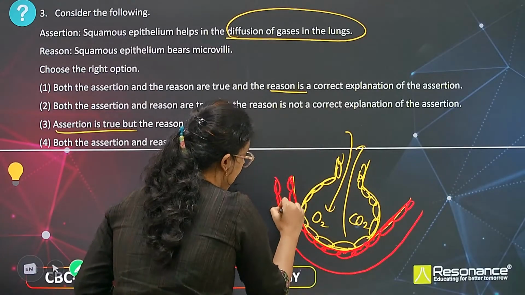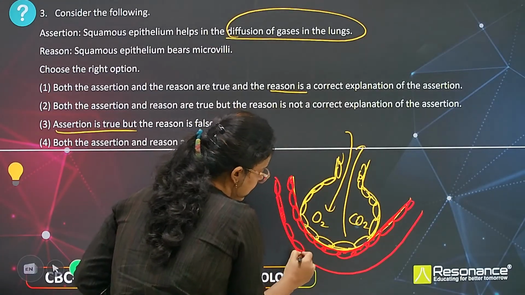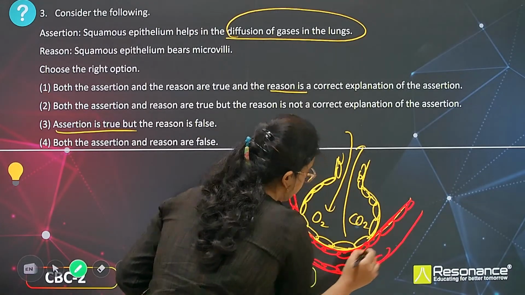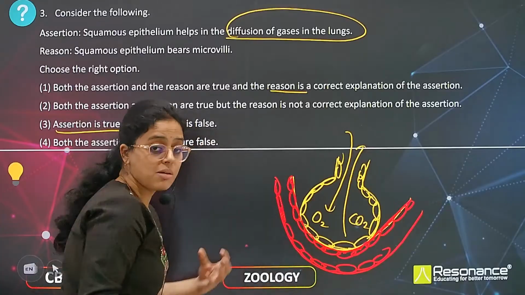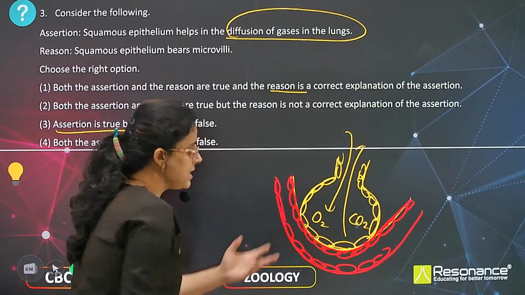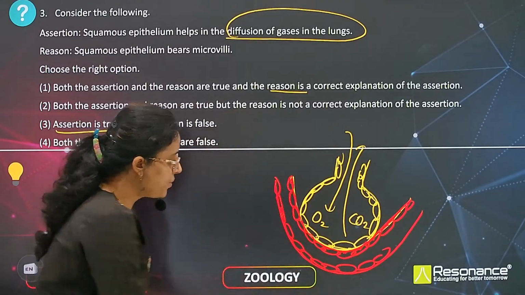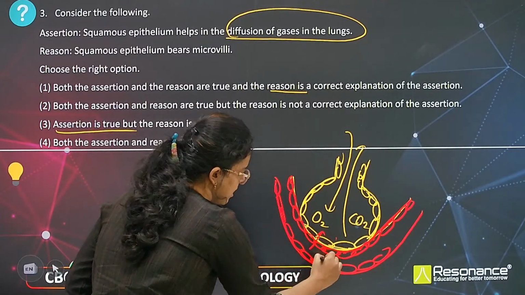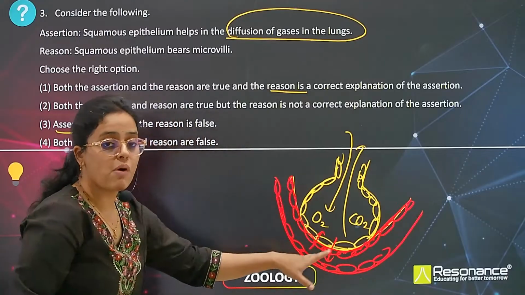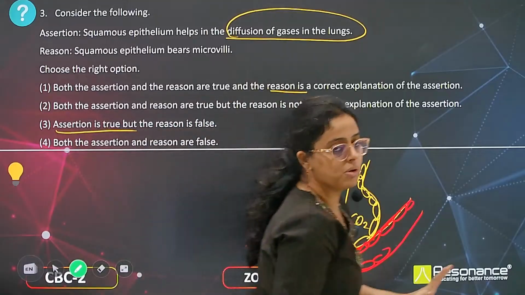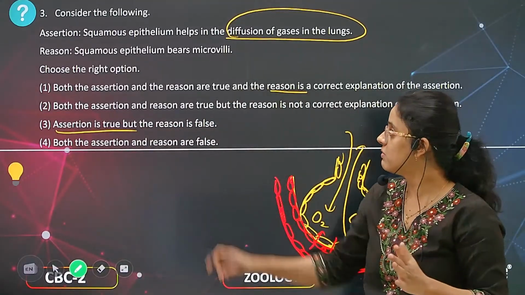The blood vessel capillaries, the inner layer of the blood vessel, is made up of a single layer of cells. Here the blood flows, RBCs are present, and these RBCs carry the oxygen and give away the carbon dioxide. For diffusion of gases, they are made up of a single layer of squamous epithelium. So this statement is true, that squamous epithelium is responsible for the diffusion.